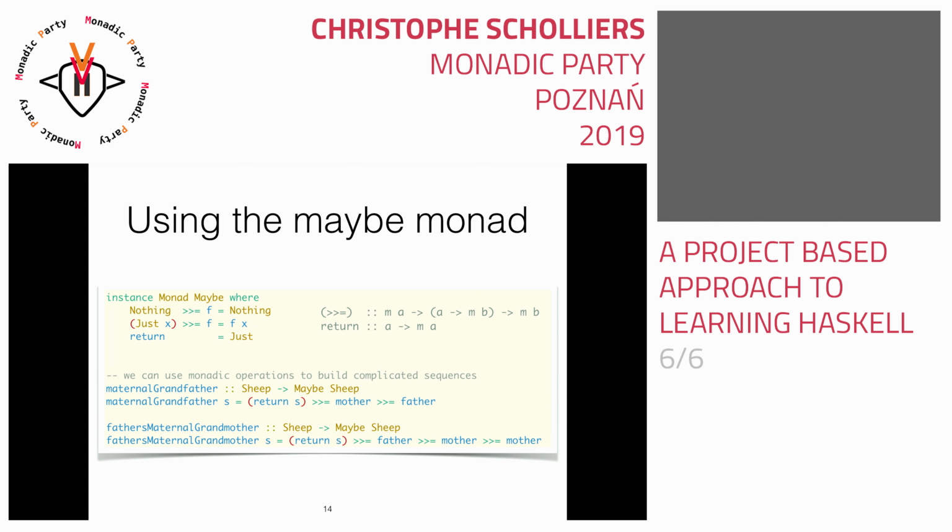And then return, that's just. Okay, and so the same thing, again, written now with a real monad. So we return s when we bind it to mother and we bind it to father and so on, right? Everybody is following? Cool.